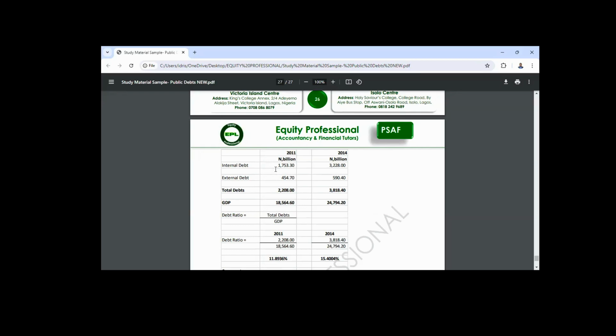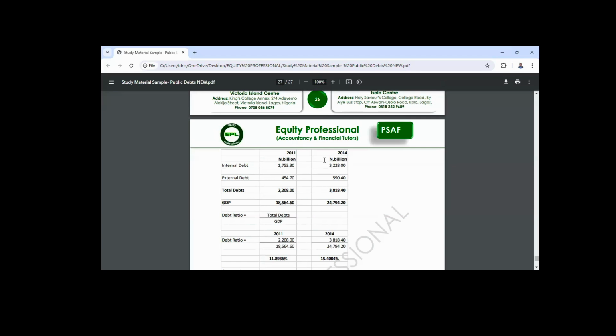As you can see, for 2011, they are in billions. Our internal debt is 1753.30, while our external debt is 454.70. You add the two of them together to get your total debt.